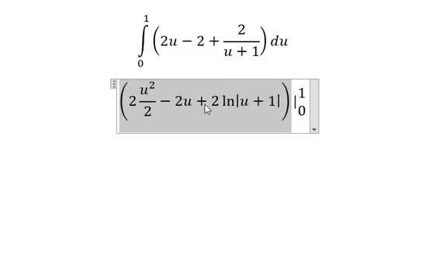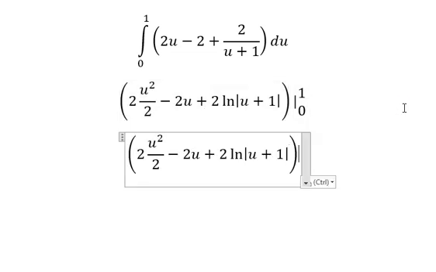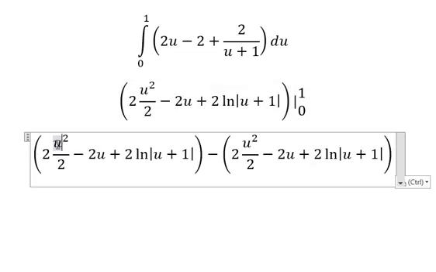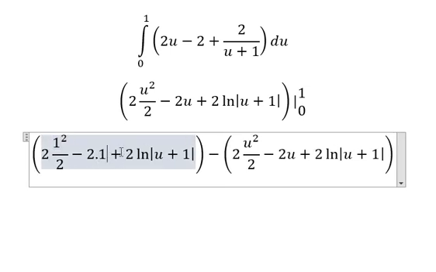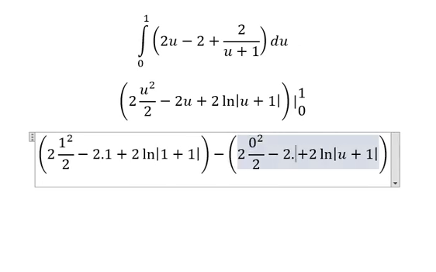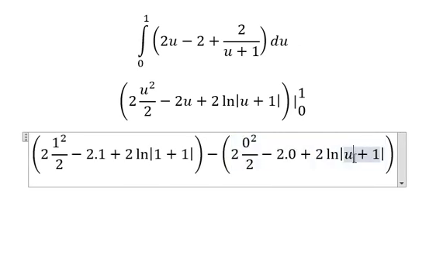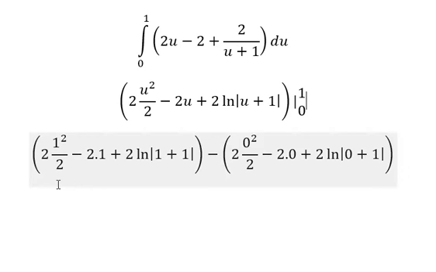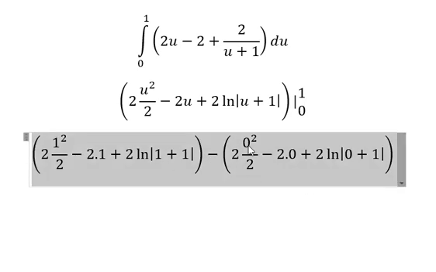And now we can get the final answer. So we know that this one you get 0, this one you get 0, ln of number 1 you get 0.